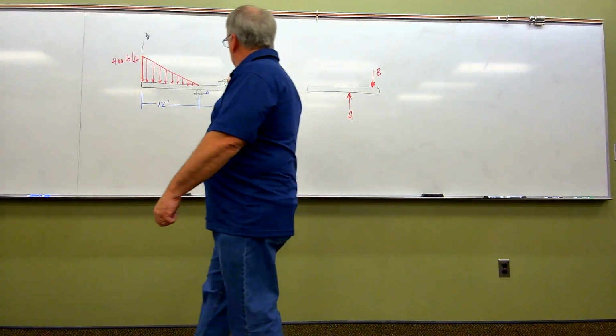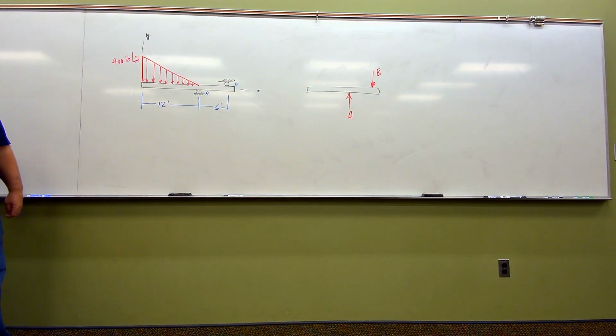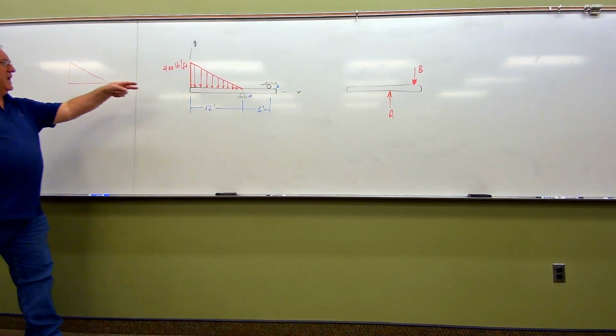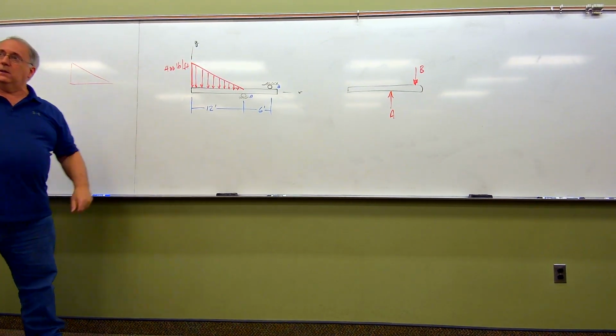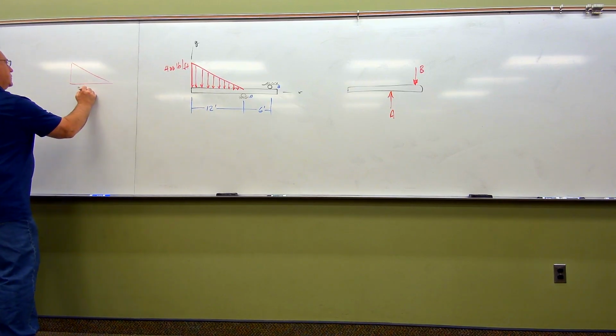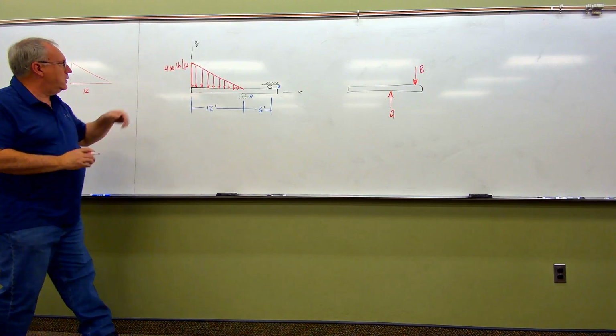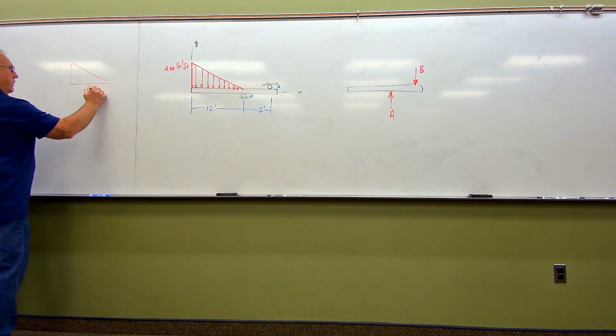So that's taking care of the force here, and then we just need to take care of the triangular force. As we go back over and think about what that is, the triangle that makes up the envelope of this distributed load has a base, according to that dimension right there, of 12. It has a height, working up from the x-axis here, of 400 pounds per foot. And by the way, this is 12 feet.